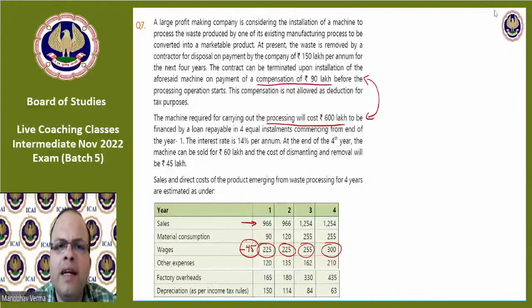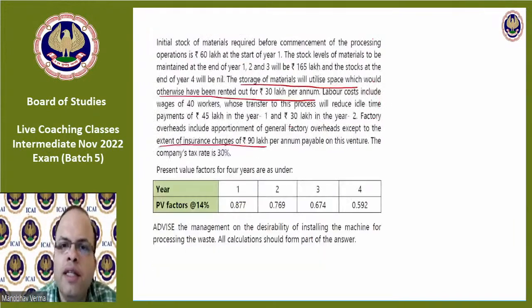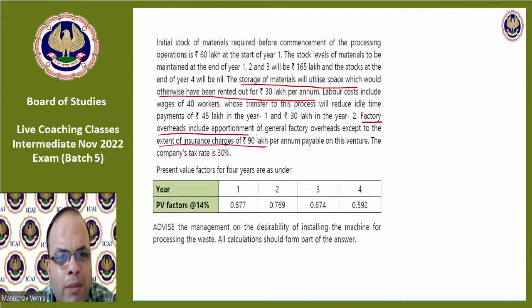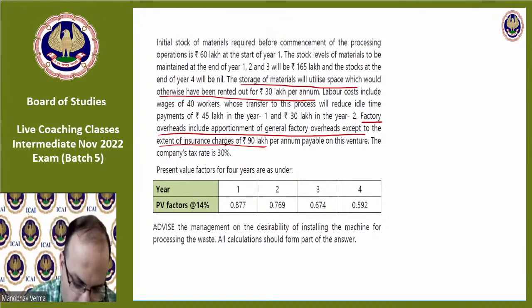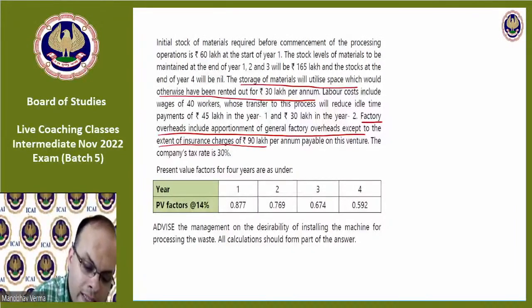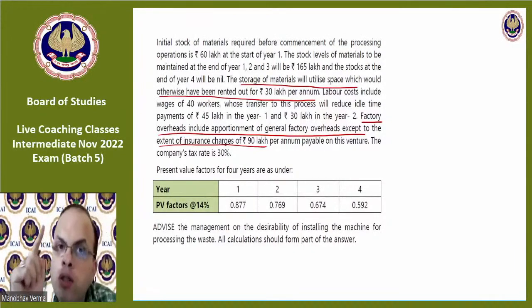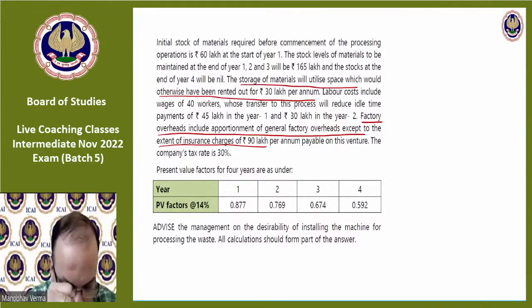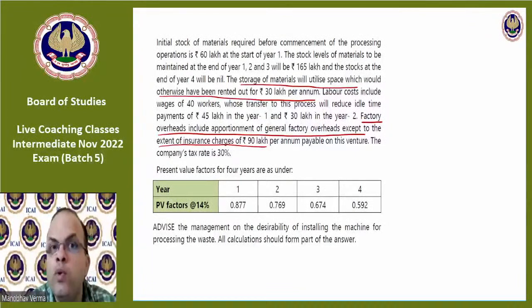In terms of the factory overheads, there is information given to us, include apportionment of general factory overheads except to the insurance charges of 90 lakhs. Do you remember my discussion on Saturday on the relevant cash flows? Did we discuss that allocated overhead need to be excluded because they are anyways incurred? Yes or no?